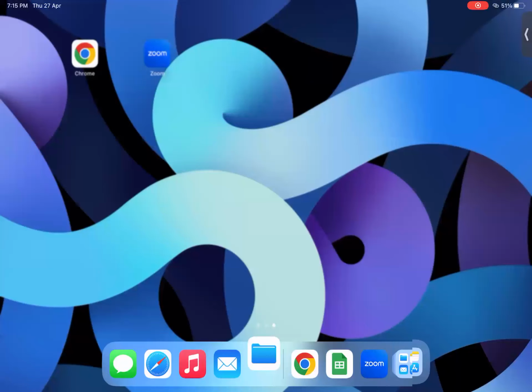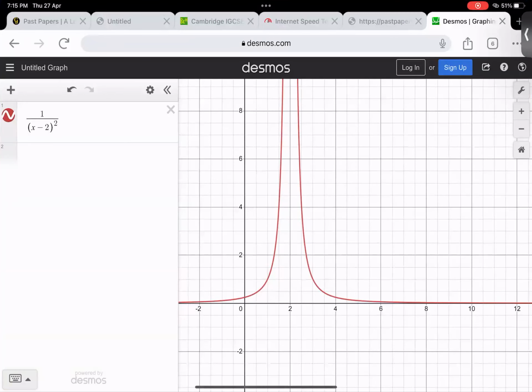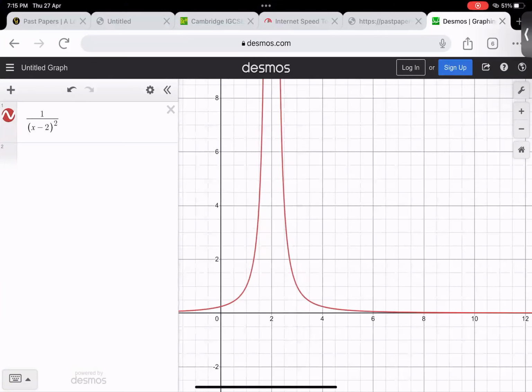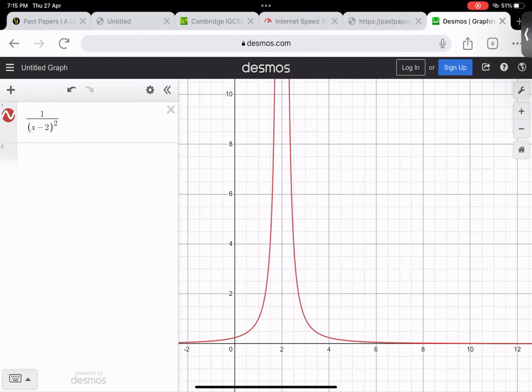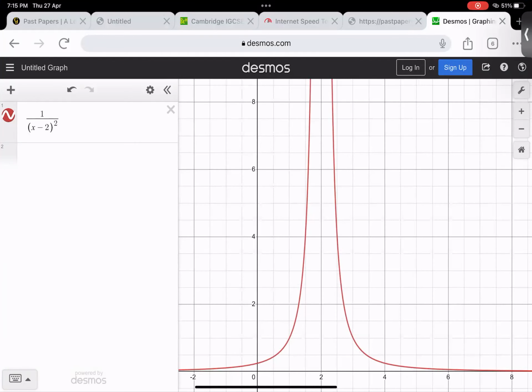Yeah, x minus 2. So this graph is starting from 5. The graph starts at 5, and you can see that 5 is here. Wait a minute, I'll show you. The value 5, it is coming.